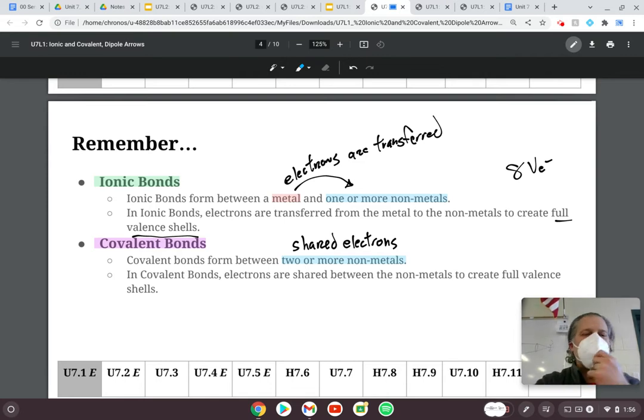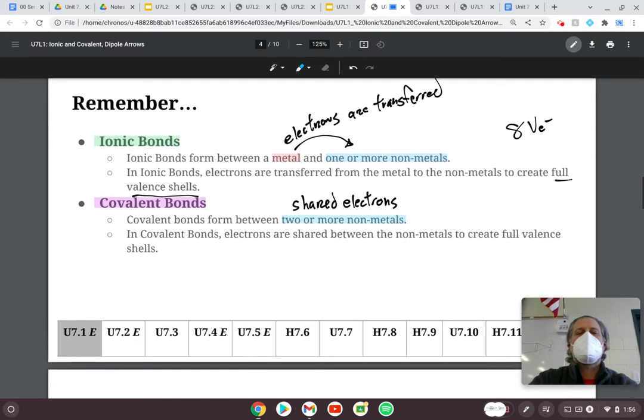And again, when atoms participate in covalent bonding, their goal is to create a full valence shell or to have 8 valence electrons.